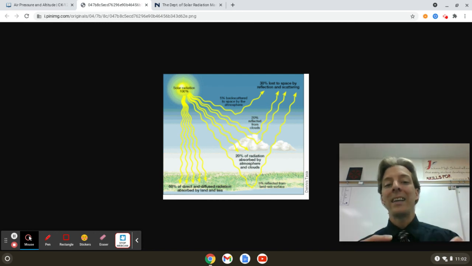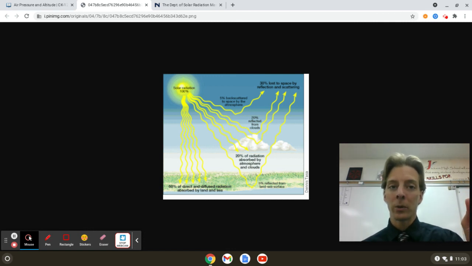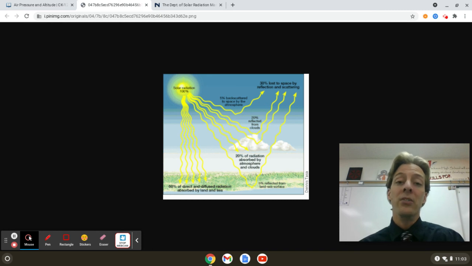When it does that, it doesn't bounce off as one beam. It hits it and it turns into 5 mini beams. Some of them go towards Earth and some of them go backwards. More of it's going to keep going forward than backwards. That's scattering. When you scatter light, it spreads out. And it's not one concentrated reflection.